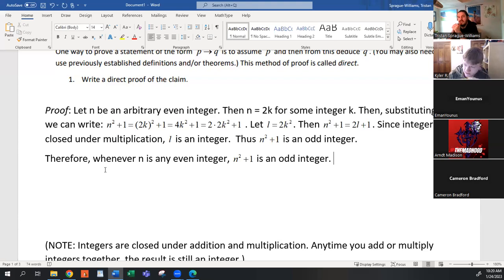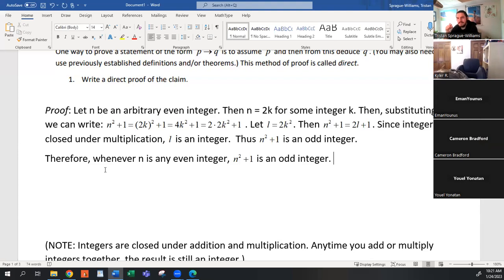If you take something which is not even, you'll find that it is impossible to do that. Like 5 cannot be written as 2 times something, where that something is an integer. If you write 5 equals 2k, k has to equal 5 halves, or 2.5, which is not an integer.